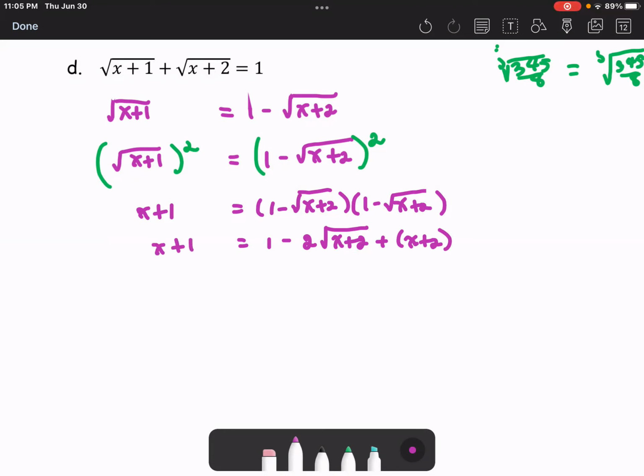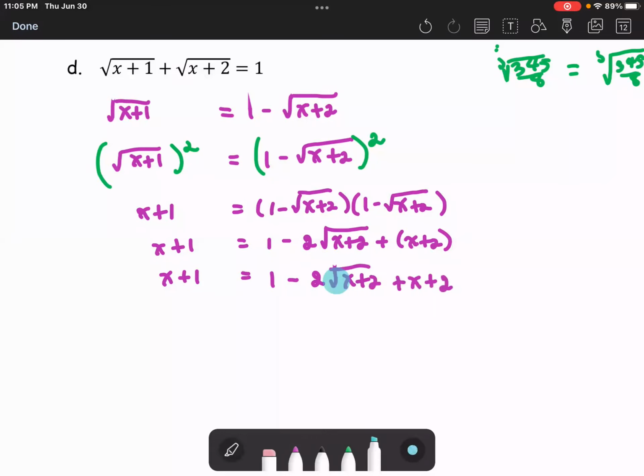And then simplify as much as we can. We have x plus 1 equals 1 minus 2 times square root of x plus 2 plus x plus 2.